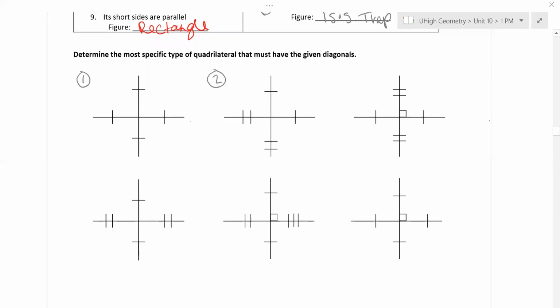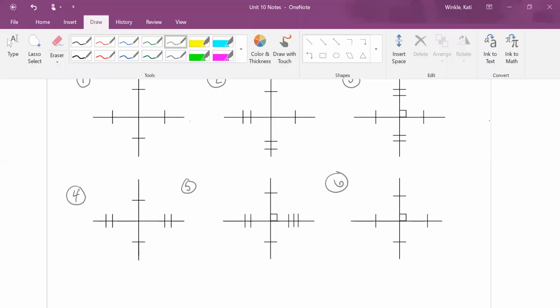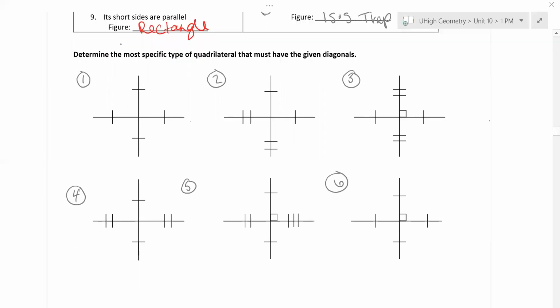So 1, 2, 3, 4, 5, and 6. Okay. So on the top one, all I know about this one is that I have 2 diagonals and all 4 parts of the diagonals are congruent.